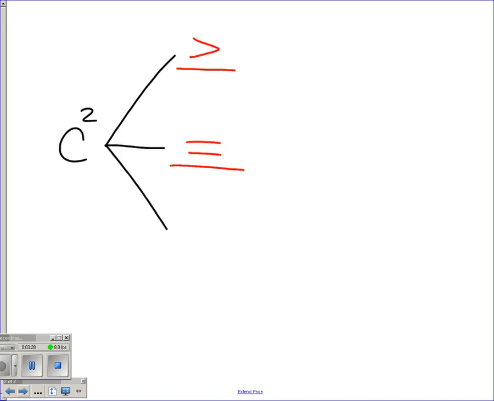C squared, we have 3 options: if it's greater than A squared plus B squared, if it's equal to, or if it's less than A squared plus B squared, the sum of the squares of the other two legs. So again, 3 options here.